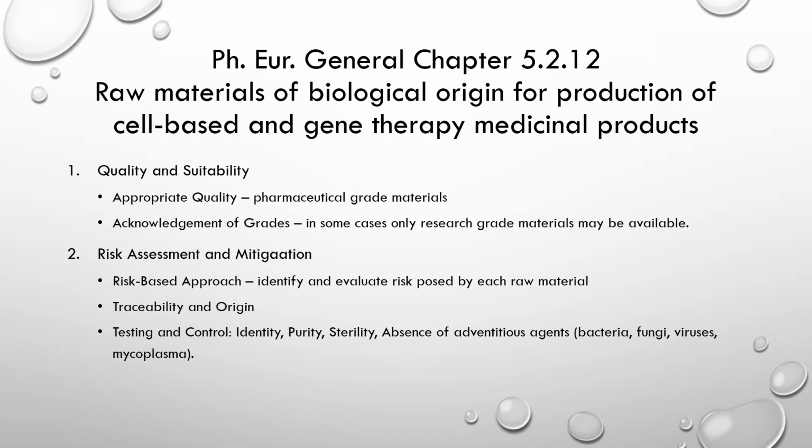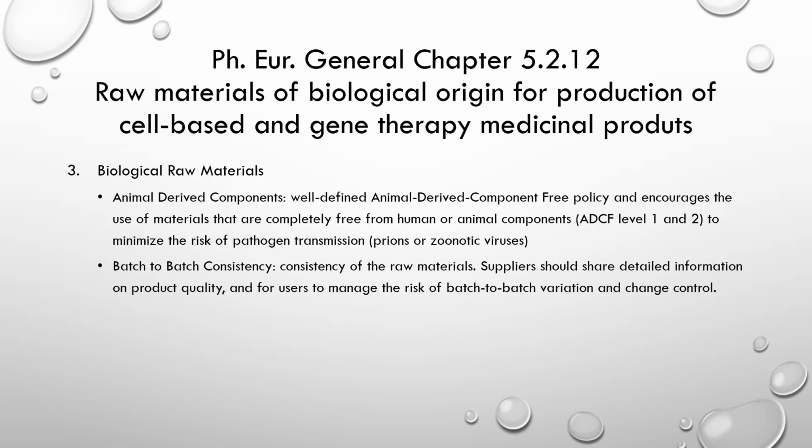And then your testing and control, these are the typical testing that you would need to do for critical quality attributes. So identity, purity, sterility, absence of adventitious agents such as bacteria, fungi, viruses, and mycoplasma. So your biological raw materials, animal derived components, they tend to be used because of their specific properties and characteristics.